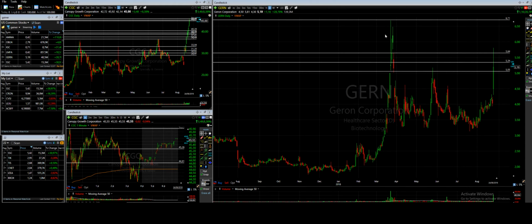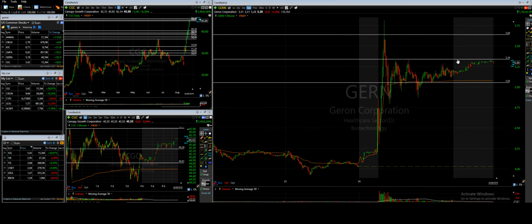Other than that, I could draw some lines right here, but these are just not as important as other ones, and I'm just not willing to play off these levels right here. So if we top right here, I may short on a bounce play, but I'm not willing to short into resistance.